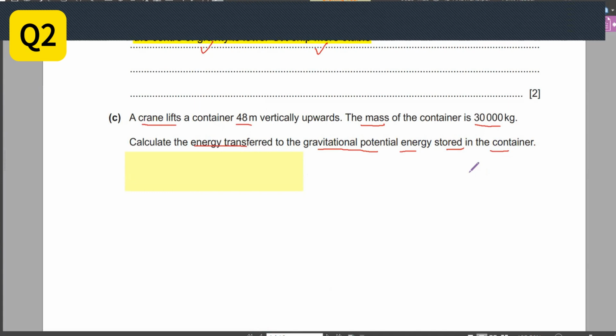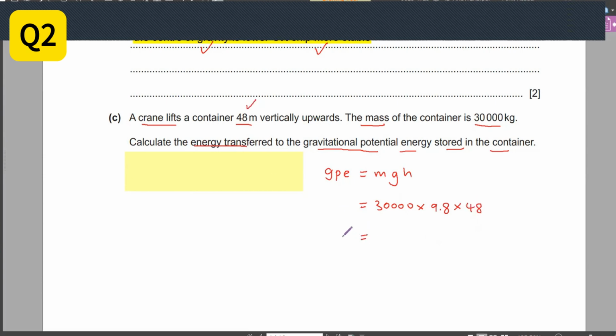Very straightforward. Gravitational potential energy, GPE, equals mgh. So 30,000, g is 9.8, we can use 9.8 or 10, h is 48 meters.